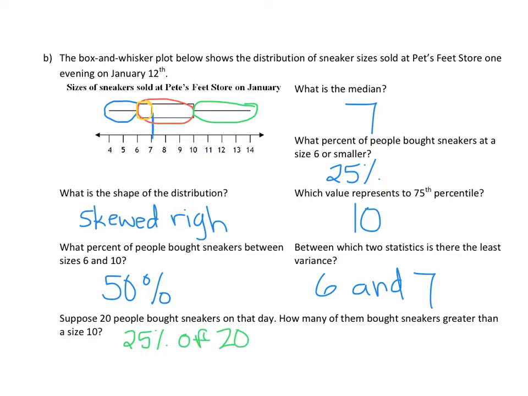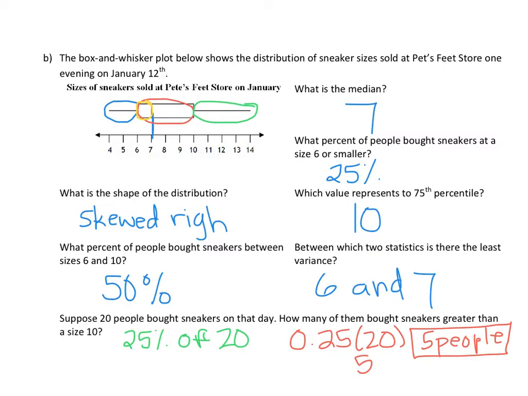To figure that out, we just change our percent to a decimal, so 0.25, and then multiply it by 20, which is the total amount of people, and we get 5. So 5 people bought sneakers greater than a size 10 out of the 20. Go ahead and do letter C on your own.